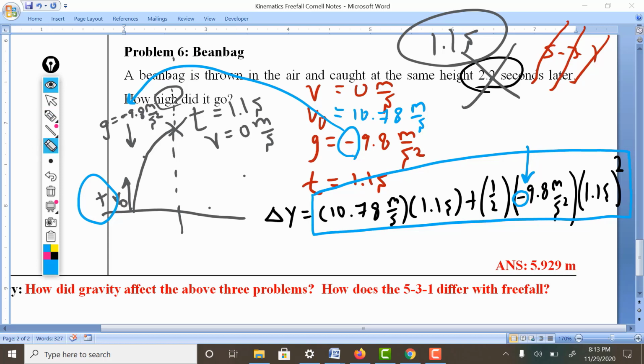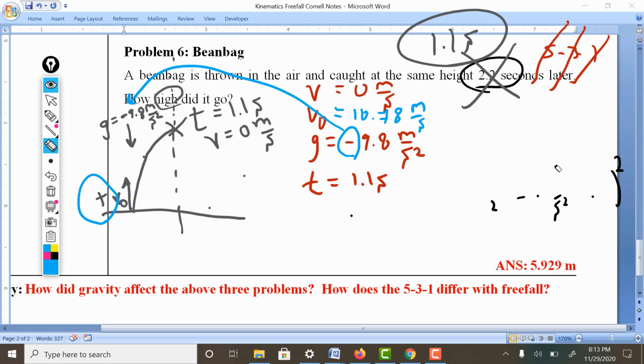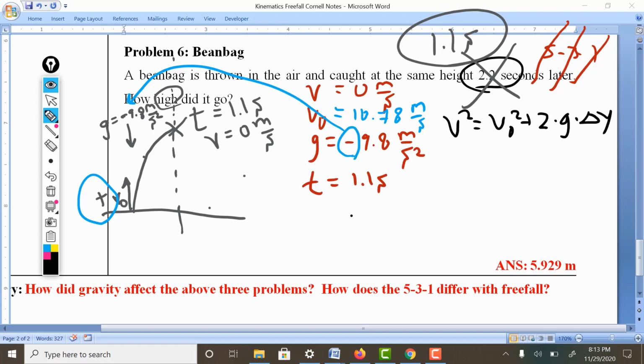Now, for those of you who are super cool, because you can, let's do this again with the third kinematic. The third kinematic is V squared is V naught squared plus 2 times G times delta Y. If I get the delta Y by itself, we've done this numerous times. We would subtract the V naught squared first from both sides.